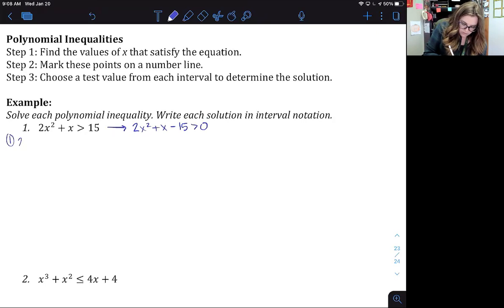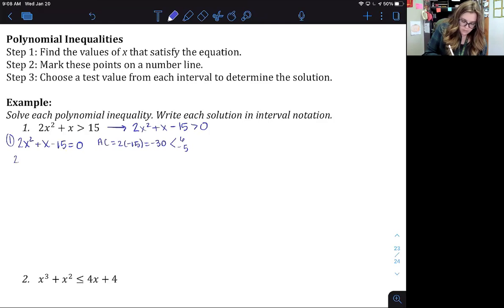So 2x squared plus x minus 15 equals 0. Since we have a quadratic here, we can either do quadratic formula, or we can factor. And I'm going to factor this. So 2 times negative 15 is negative 30. And our factors of negative 30 that add to be 1 are 6 and negative 5.